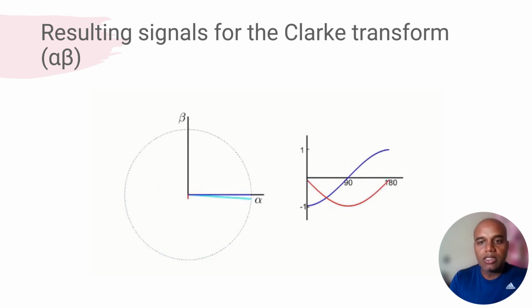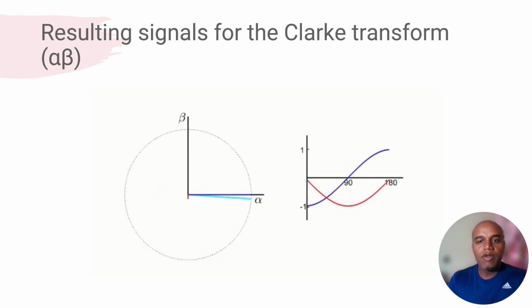Again, this reference frame is a stationary reference frame. Alpha and beta are not rotating with respect to my arbitrary vector. My arbitrary vector is rotating with some arbitrary speed or velocity, but the alpha beta reference frame is stationary.